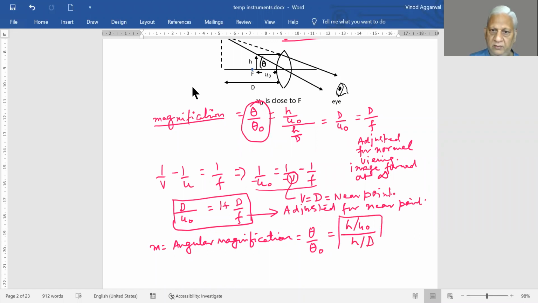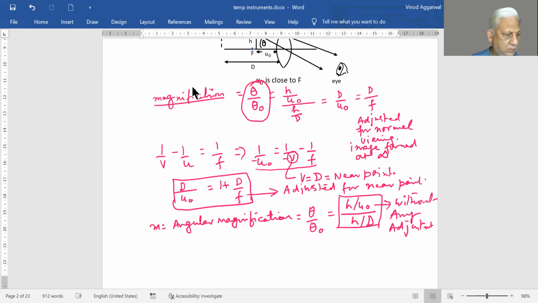This is the formula when we are not doing any adjustment, without any adjustment: theta by theta naught is equal to d by u0.